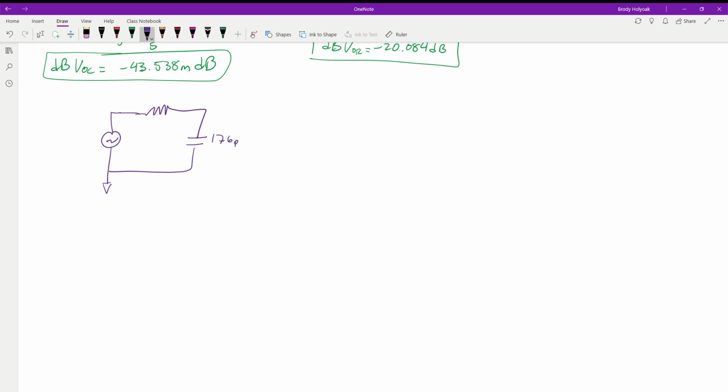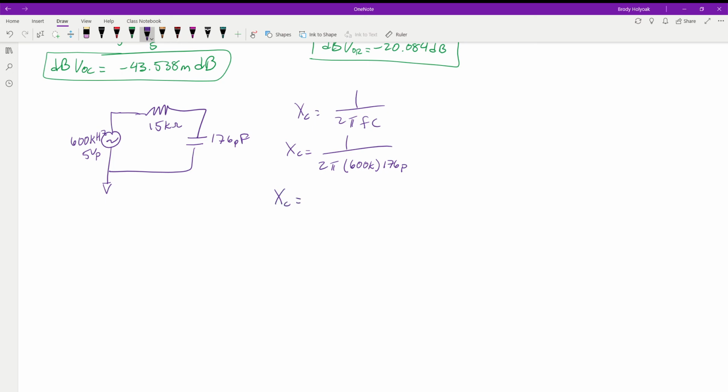We have 176 picofarads with 15 kilo ohms, and this time we are running at 600 kilohertz with a 5 volt peak signal. So we need to find the capacitive reactance. Our X of C is again 1 over 2 pi F C, so 1 over 2 pi times 600,000 hertz times 176 picofarads.